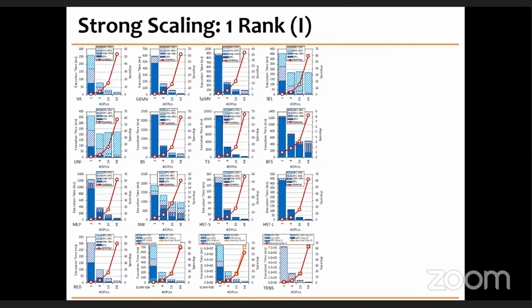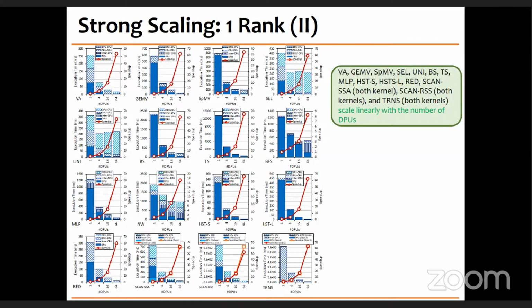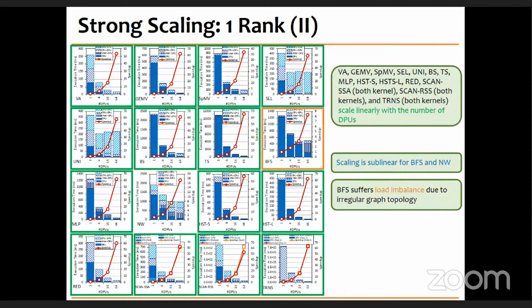And yeah, I'm not going to go very much into detail over the results. You can see that in most of the cases, when we increase the number of DPUs, in all these plots surrounded by the green box, we see that execution time reduces. So we are exploiting more parallelism, and that's why we obtain better performance.